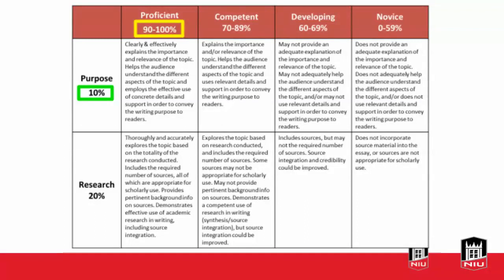So basically you can use point values to weight your grades, or you can use percentages up to 100%. But it just depends on what you want to do, what you think is going to be easiest for your students to understand as well.